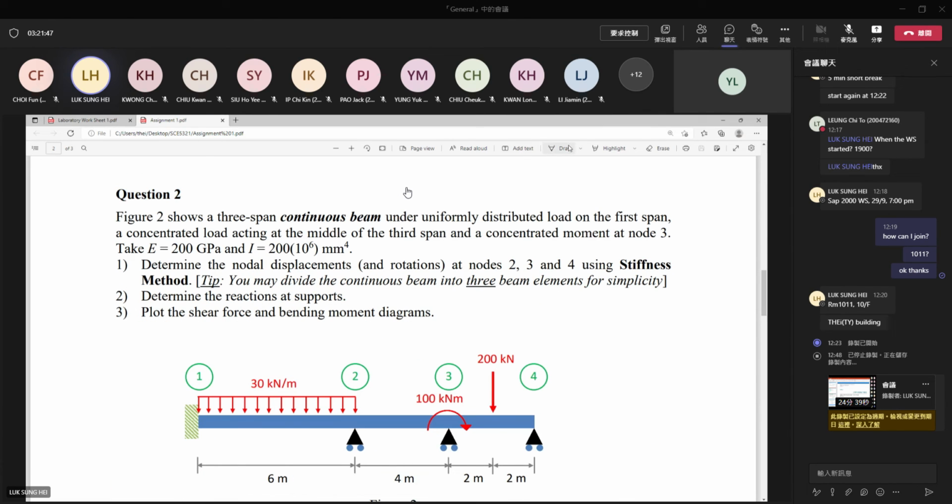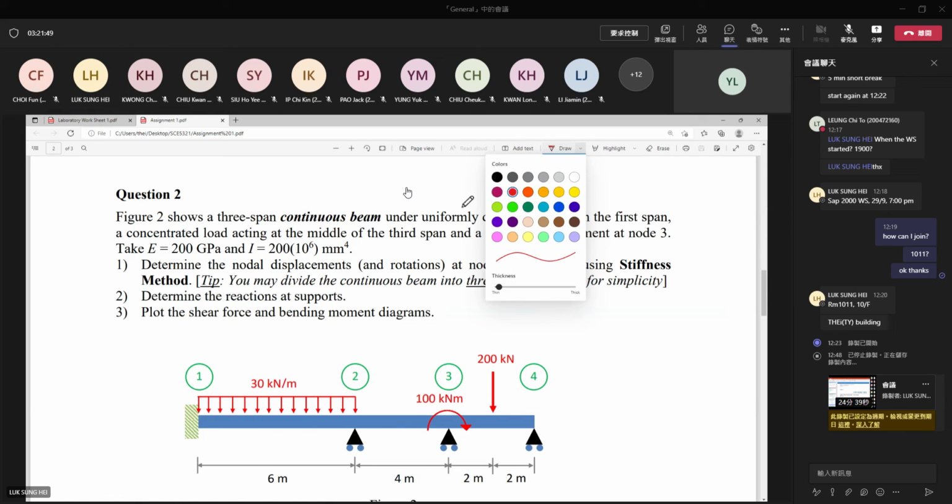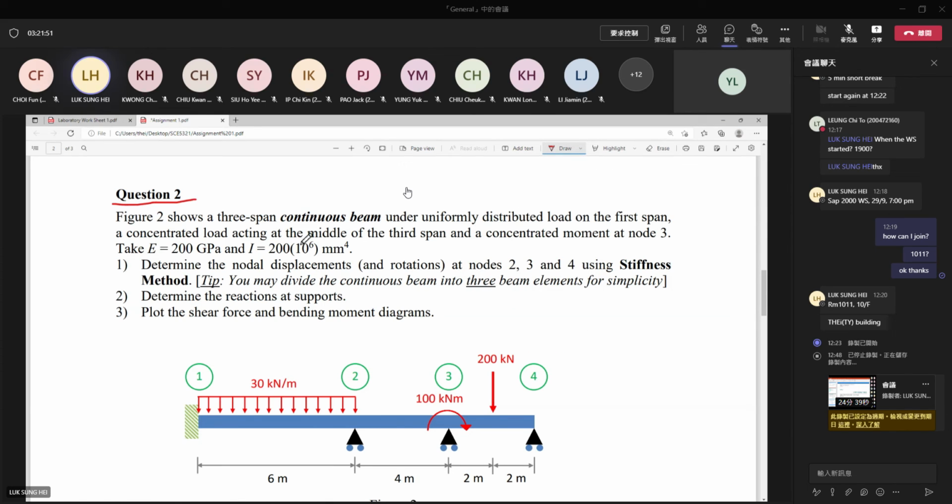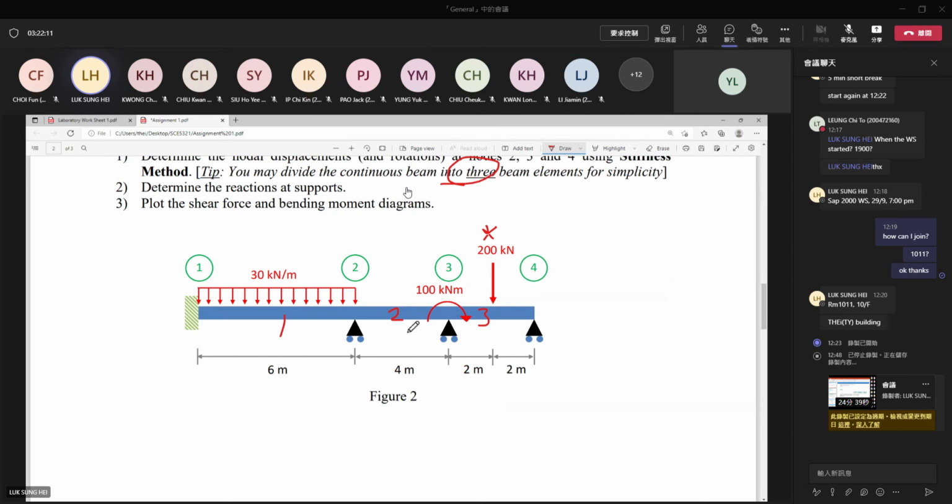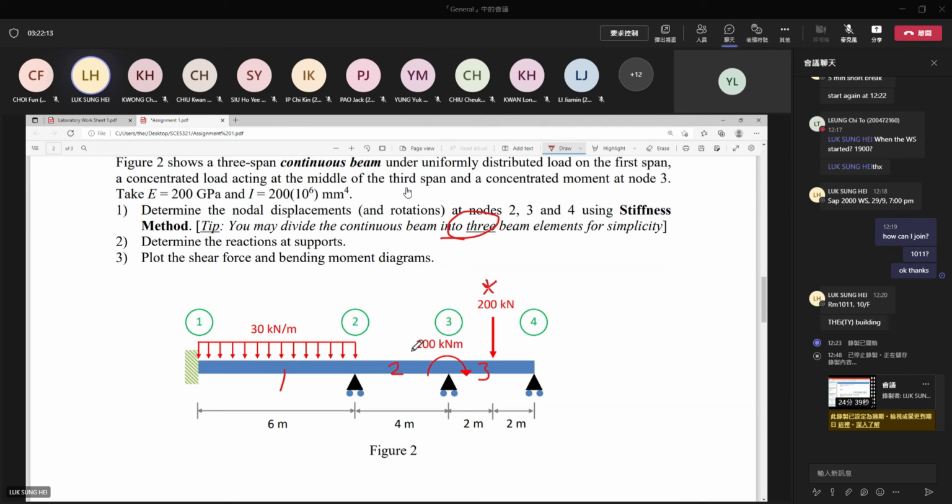One tip for you in question 2. In question 2, you can divide the whole continuous beam into 3 elements: 1, 2, and 3. For the concentrated force on the right hand side, you can treat this as so-called the intermediate loading. I suggest you to do so because it can decrease the problem size.